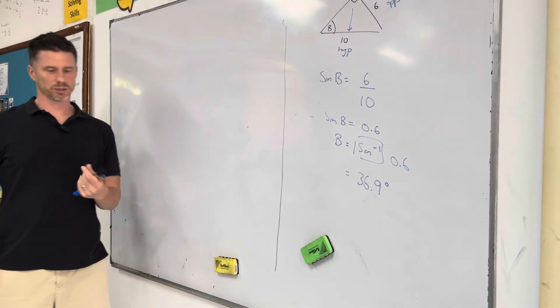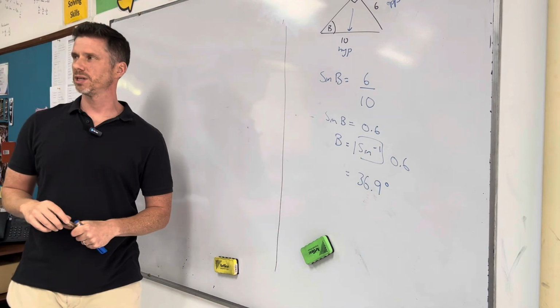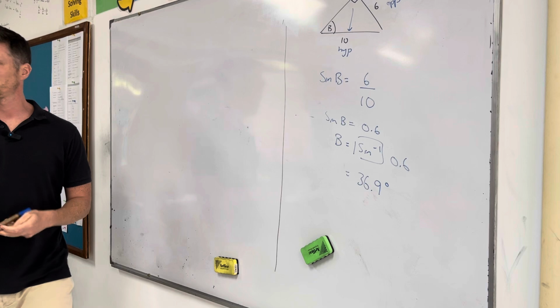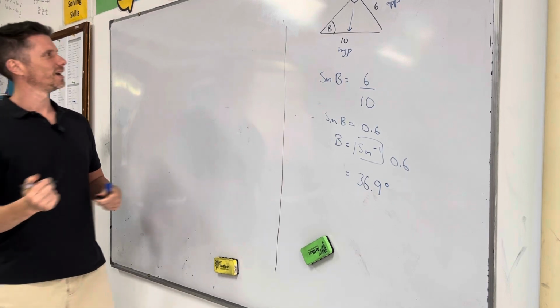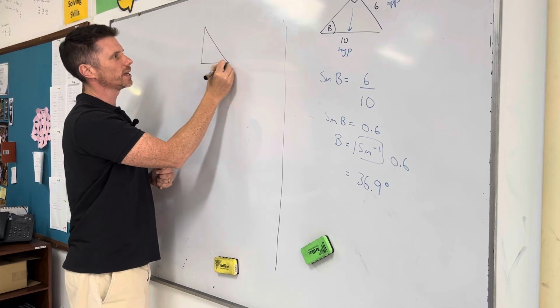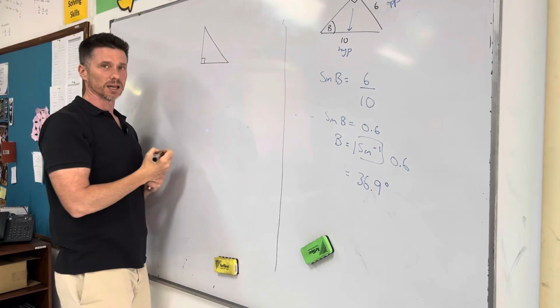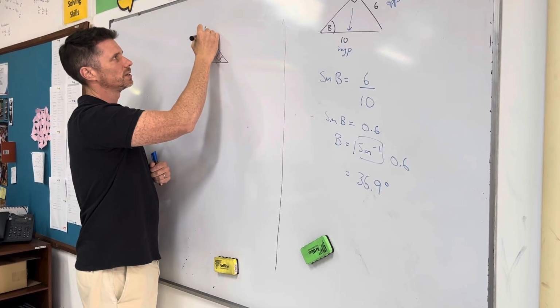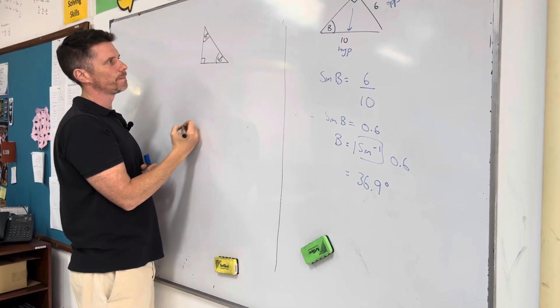Okay, some known angles that we need to know off by heart are created from two known triangles. Let's think about a right angle triangle that is isosceles and has 45 degrees here and here.